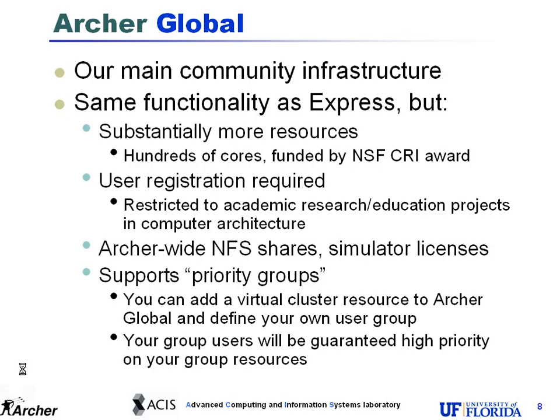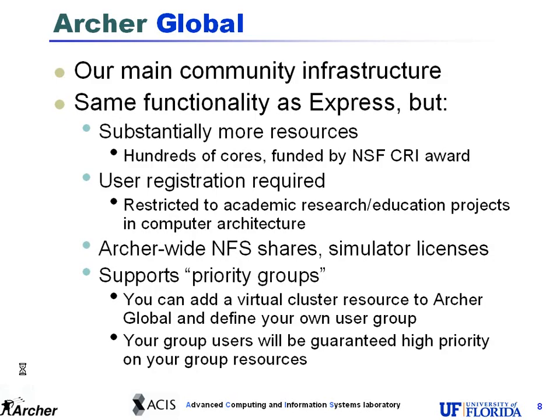Archer Global is for registered users. It has the same functionality and look and feel as Archer Express, but it has hundreds of cores available. It requires user registration and is restricted to academic research and education. It also has the benefit of Archer-wide network file system shares and simulator licenses like Simics.